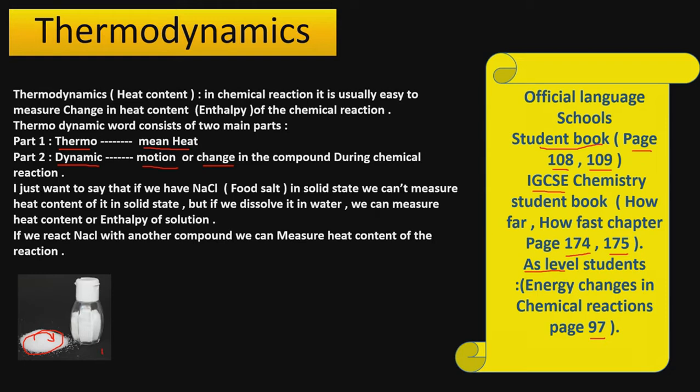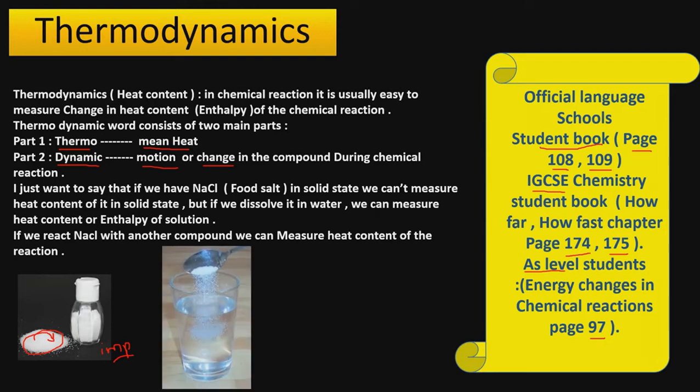But we can measure the heat content of the substance if we dissolve it in water. By dissolving the substance in water, we will have an increase or decrease in the heat of the reaction. According to that increase or decrease, we can say that we have a change in the enthalpy or a change in the heat content of the substance.